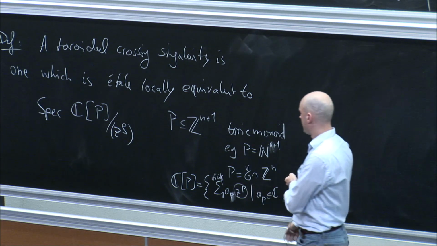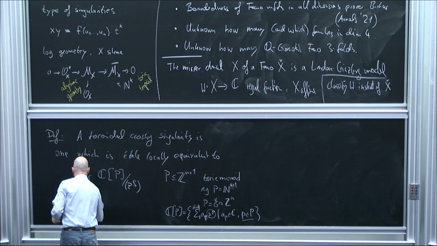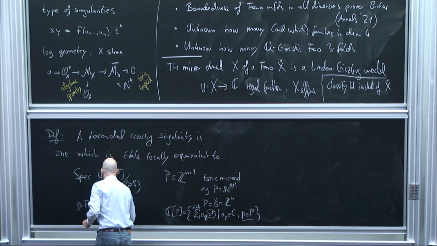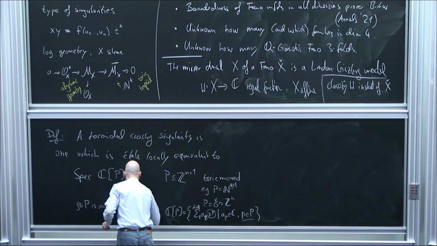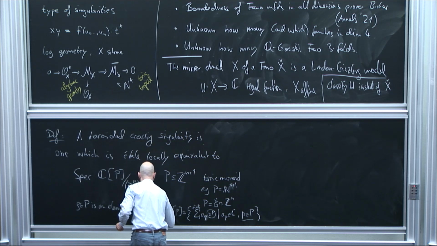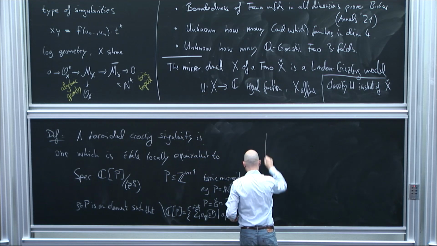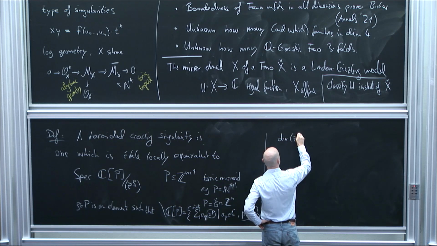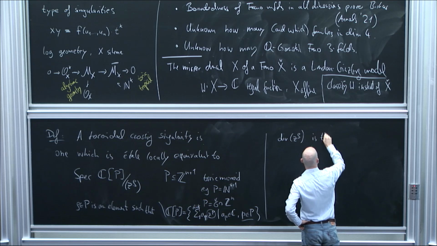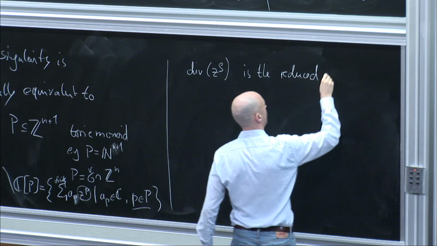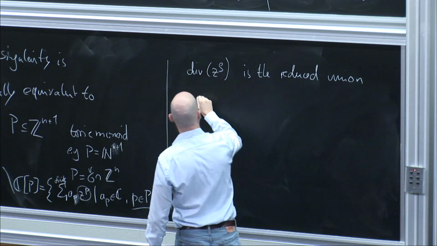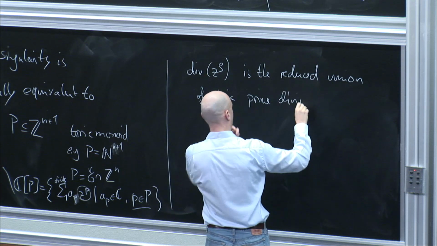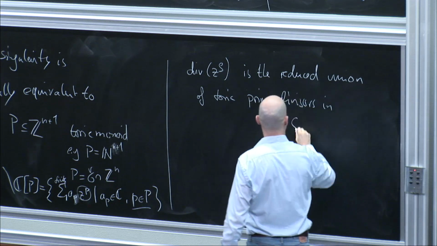Okay. And what is this z^rho? So rho in P is an element such that the divisor of this element, a principal divisor, is the reduced union of toric prime divisors in this affine toric variety.